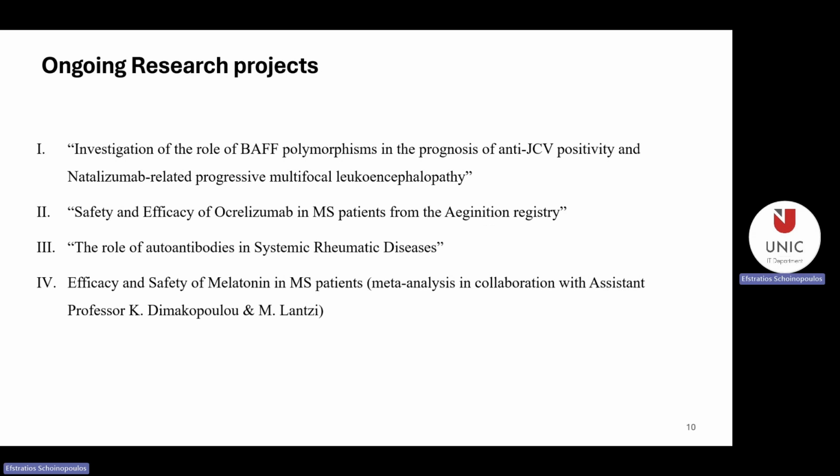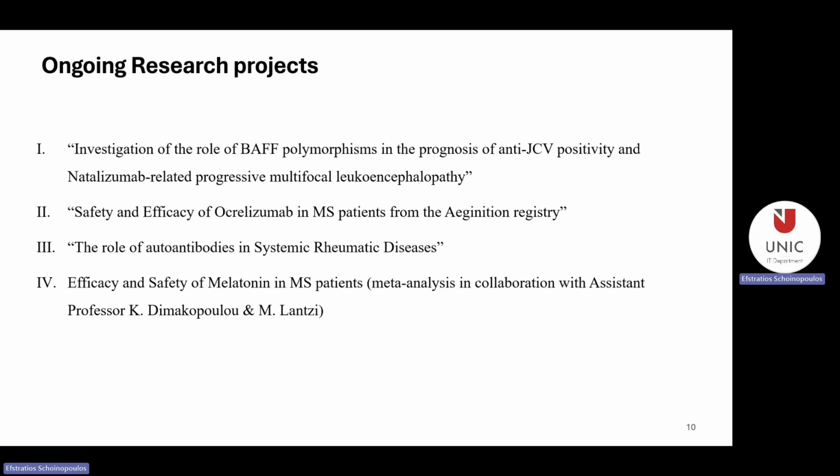I'm working in several ongoing projects. The first is the investigation of the role of the BAFF polymorphisms in the prognosis of anti-JCV positivity and natalizumab-related progressive multifocal leukoencephalopathy. I'll give you some information about that. One of the most efficient treatments for multiple sclerosis is the monoclonal antibody natalizumab.